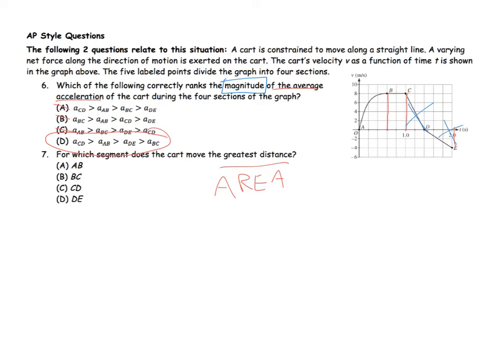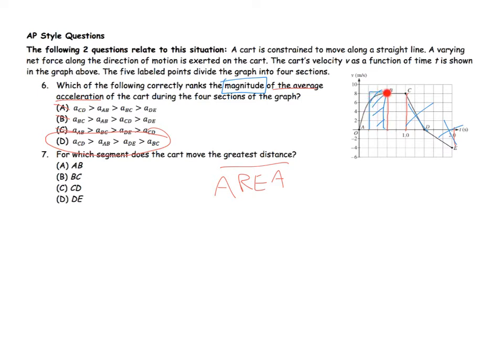Now I could actually calculate these, but we can do this visually. To compare B to C to A to B, I'm going to look at this rectangle here, which is the same as B to C. Going along this line from A to B, we don't get that full rectangle. There really is only a little piece of the rectangle missing.